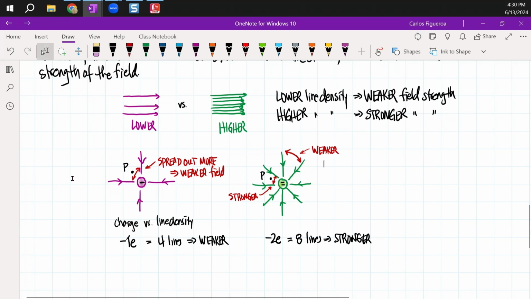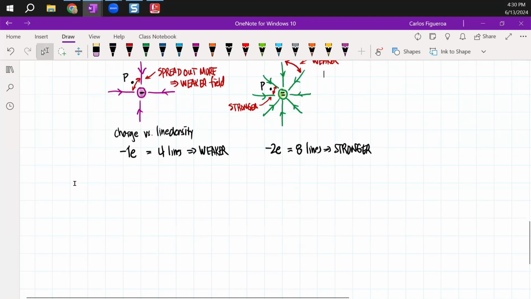So now we're ready to define what the electric field is.